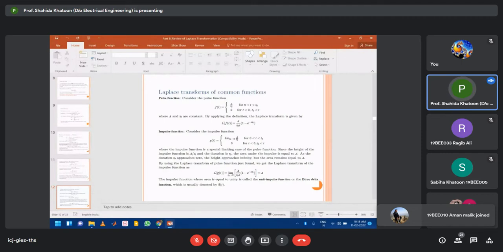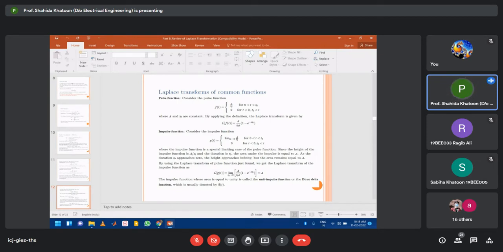If you take the Laplace transform of the pulse function, we get the Laplace transform of the impulse function as the limit of t naught tending to 0 of A upon t naught s into 1 minus e to the power minus s t naught.